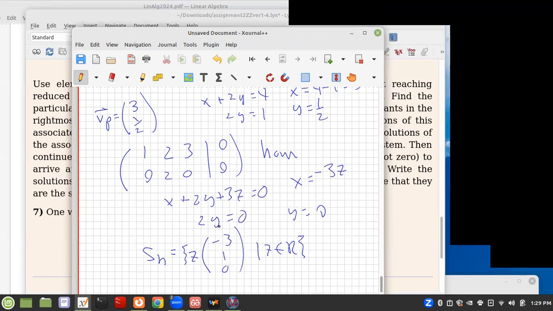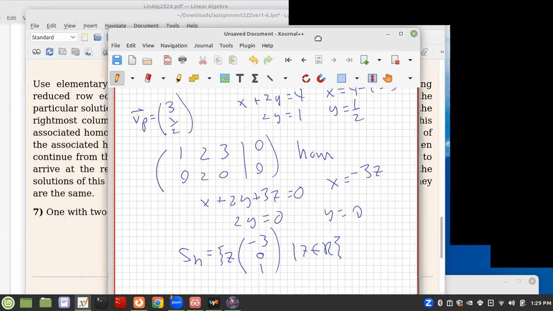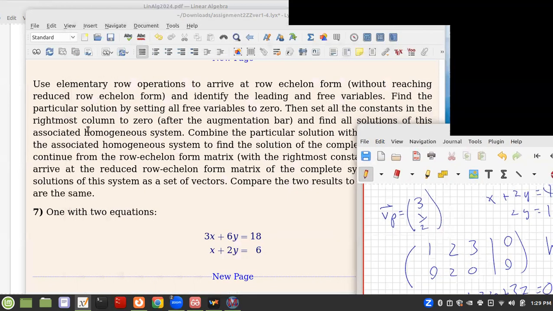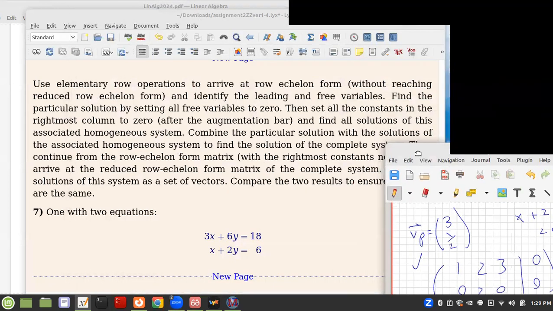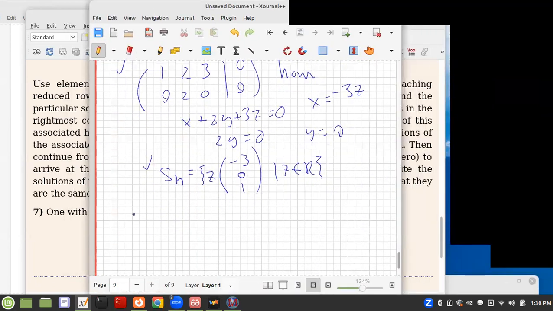Yeah, I do need the 0, 1, because z is the free variable, otherwise it's contradictory. Okay, so then set all the constants in the rightmost column to 0 after the augmentation bar and find all solutions of the associated homogeneous system. So we have the particular solution, we have this one, and we combine them.